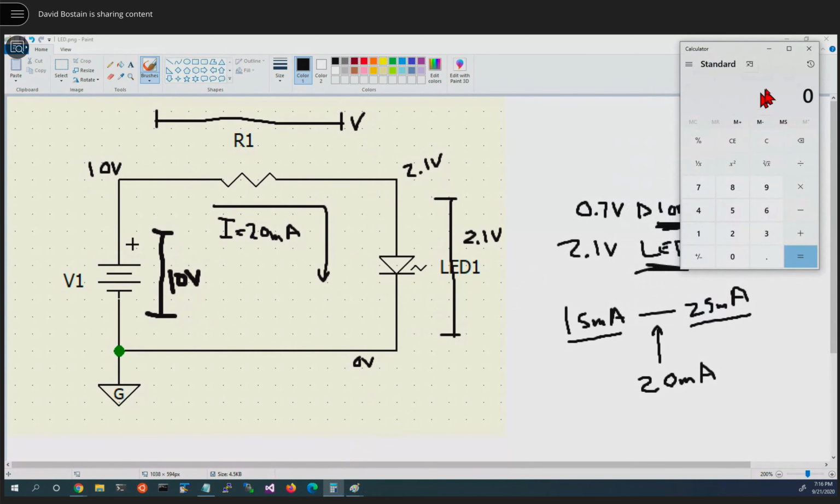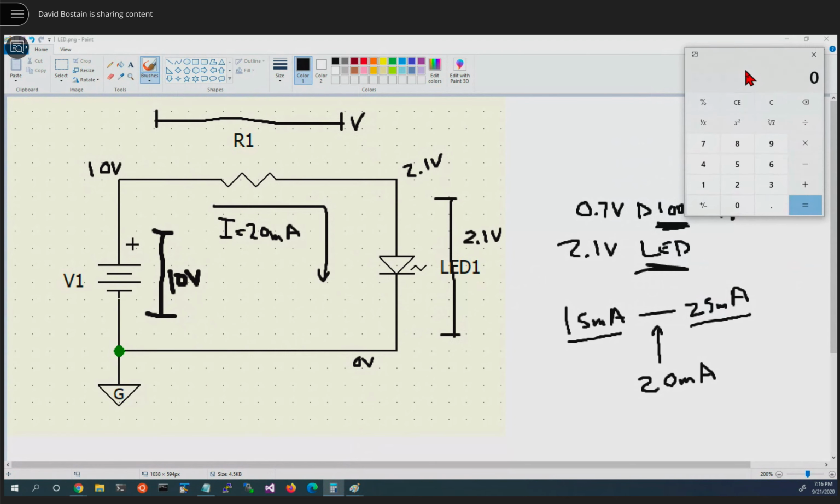So let's pop this guy up here. Was there a stay on top? I think that's what that guy is. So we can take 10, and we can subtract 2.1. We get 7.9 volts.